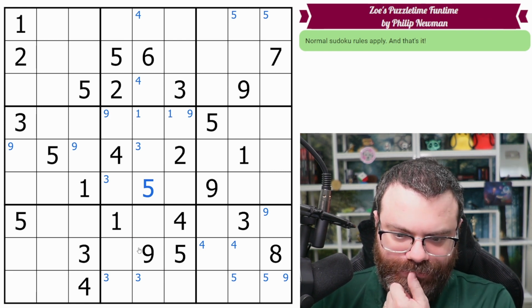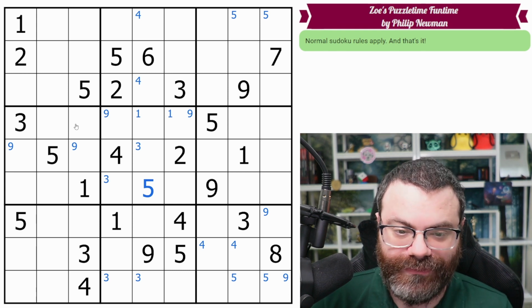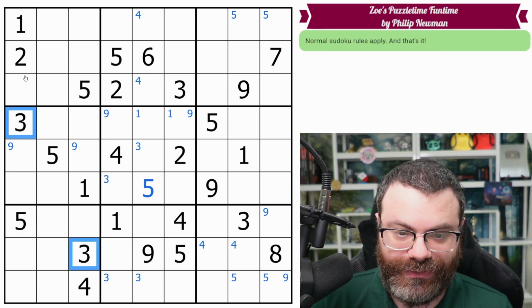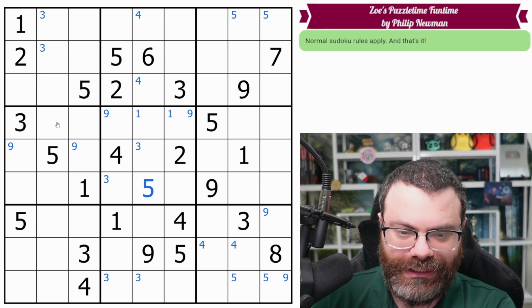Let's see. Fours, 5s, 3s, 8s. Okay. Let's look vertically real quick. We do have 2 3s looking up, and this 3 looks in, so there's a 3 in one of these 2.